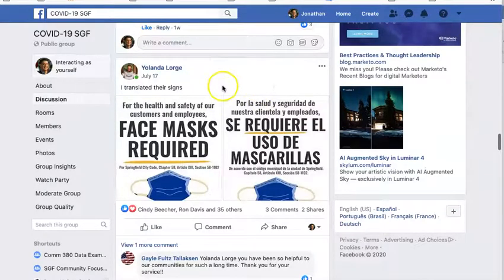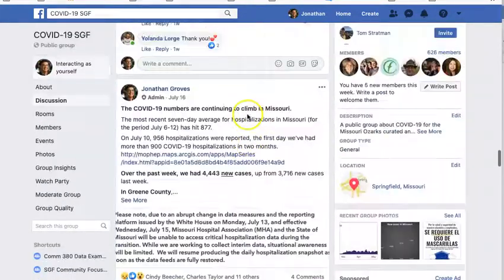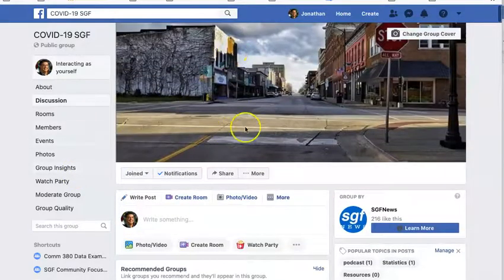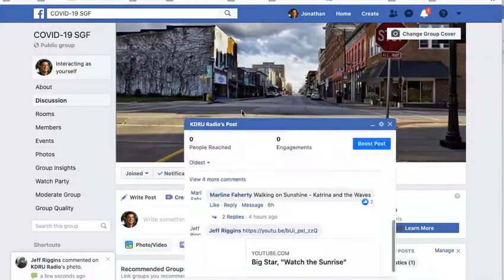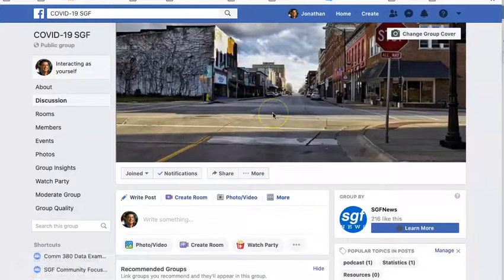That's why I wanted others to feel like it's part of their community as well. Okay, so you always want to be looking for insights. Sometimes they're called analytics in these spaces. See, I'm getting a lot of engagement here on the K Drew post on this week's theme for the radio show. That's the kind of thing you want to look for.